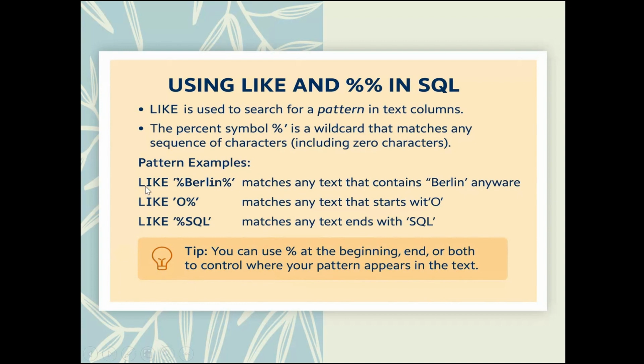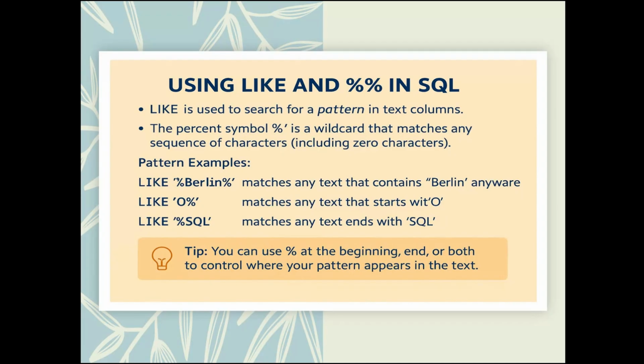For example, if we add two percentage symbols with one word between them, this operator will match any text that contains Berlin inside, even if we have a long sentence, as long as it has Berlin in it, we will show it in the output.